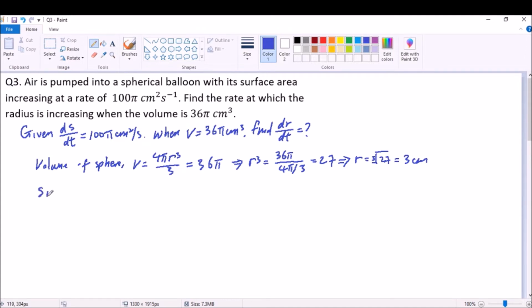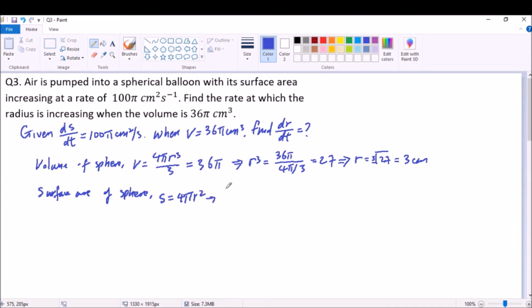And the surface area of a sphere has the formula S equals 4 pi r squared.